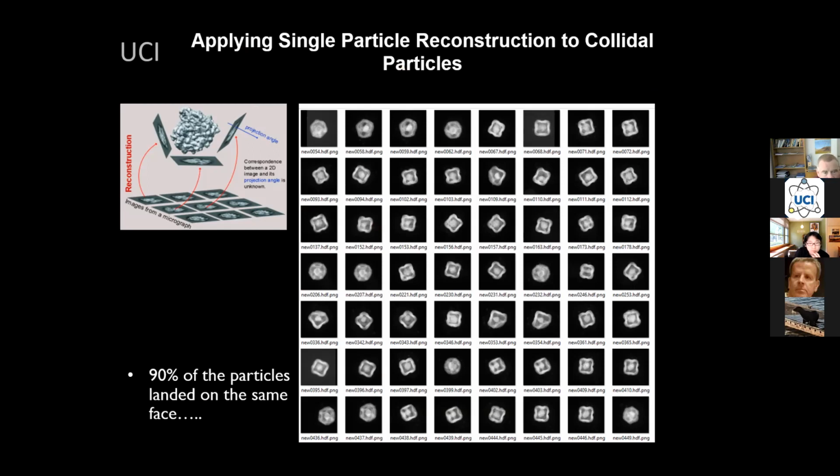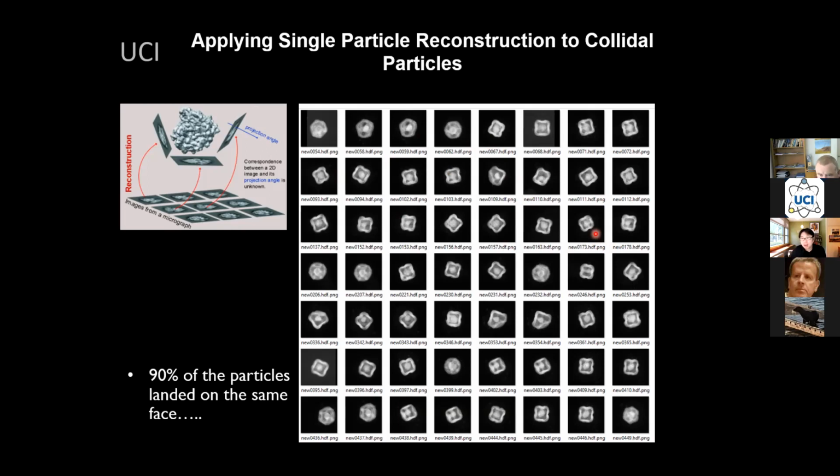Right. One of the problems that we found is if we only look at those isolated particles, they all sit flat on the TEM grid, right? Just because it has a flat surface, and that's where it anchors on the substrate, right?